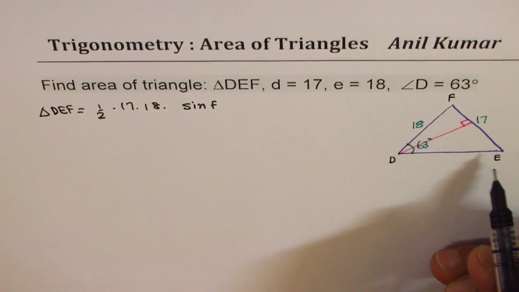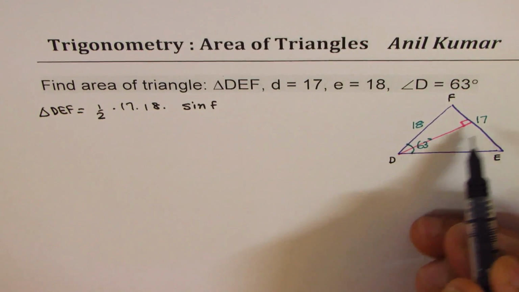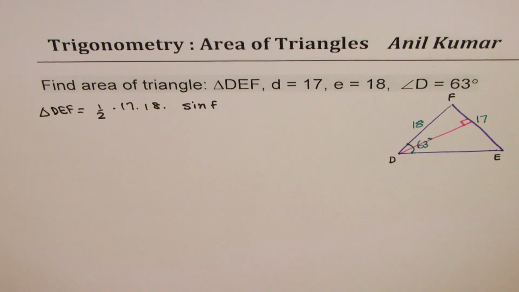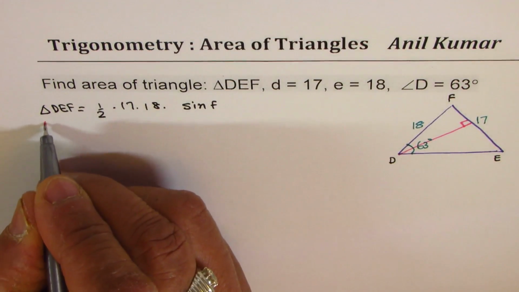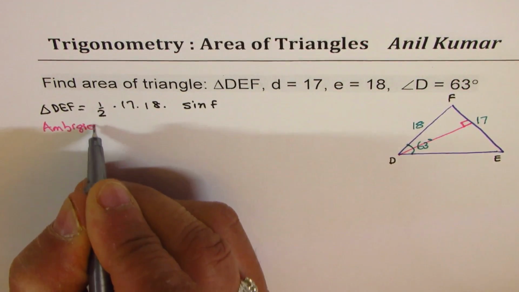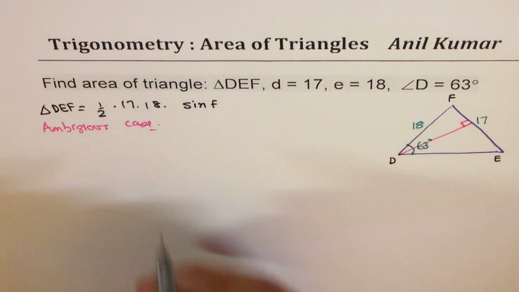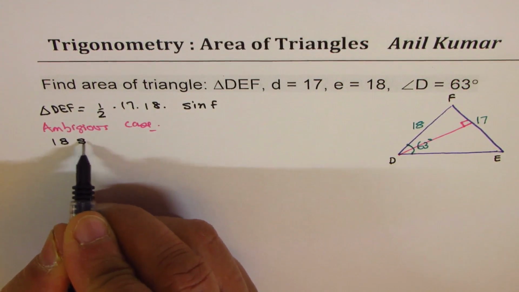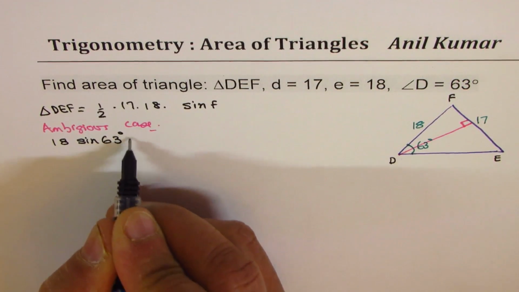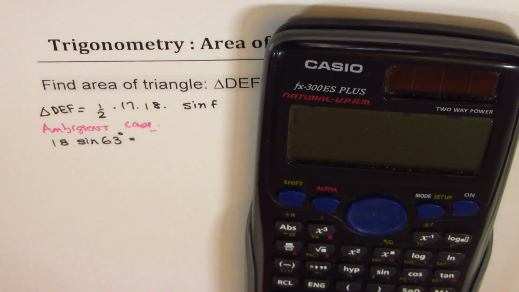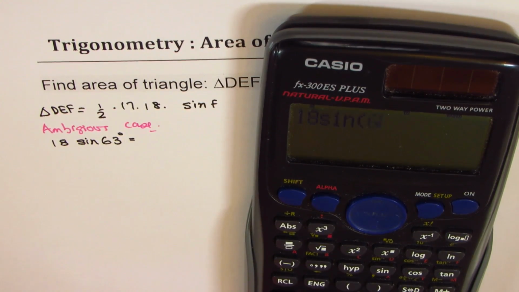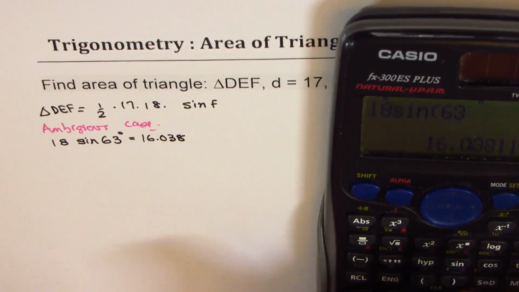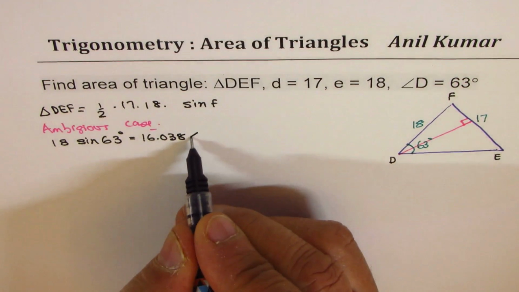Now, before that, since we are given one combination of 63 and 17, we need to find angle E, and then we can find angle F, right? So let us first consider, do we have ambiguous case or not? So let's figure out what is 18 sine of 63 degrees. 18 sine of 63 degrees is equal to 16.038, and definitely this is less than 17, right?